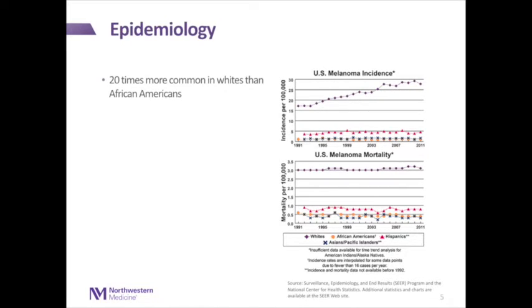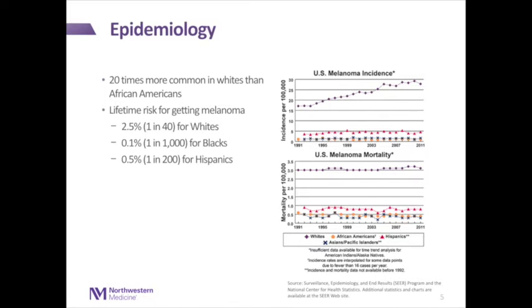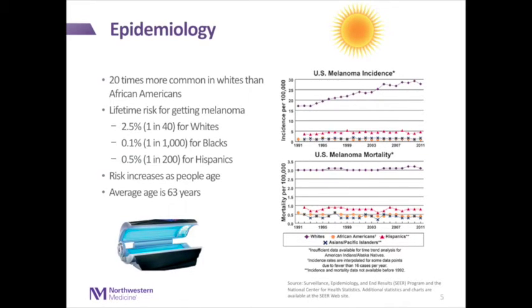It is 20 times more common in whites than African Americans, and the lifetime risk for melanoma is about 2.5% for whites, 0.1% for African Americans, and 0.5% for Hispanics. And the risk increases as people age, and the average age is 63 years. And there are many risk factors for melanoma, but one of the big ones is sun exposure and tanning bed use, which some of the other speakers will go into later.